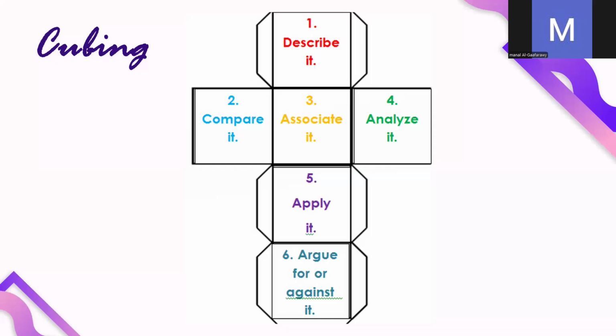Apply it. Here we have to think of whether we write about a concrete object or an animate thing. So if I'm writing about a concrete object like a mobile phone, students may write 2 or 3 sentences about what the mobile phone does or what we do with the mobile phone.